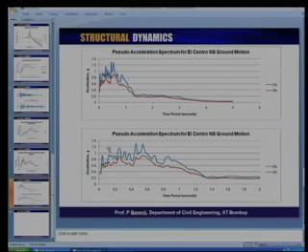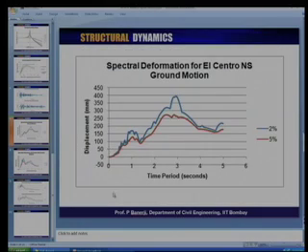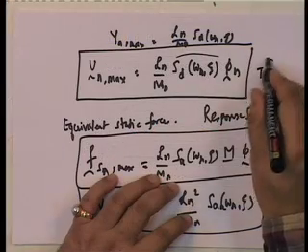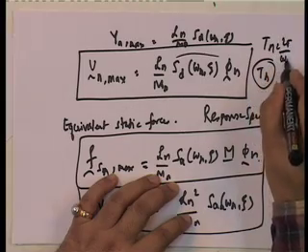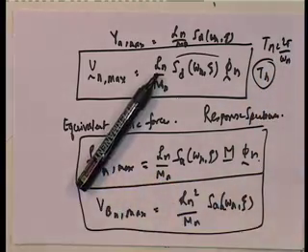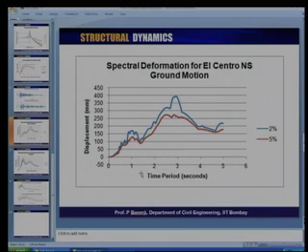If I want the displacement, I actually take this. Here you have Tn, and Tn is equal to 2 pi upon omega n. So let's say you want the first mode. You find out its Tn and read out the displacement value.